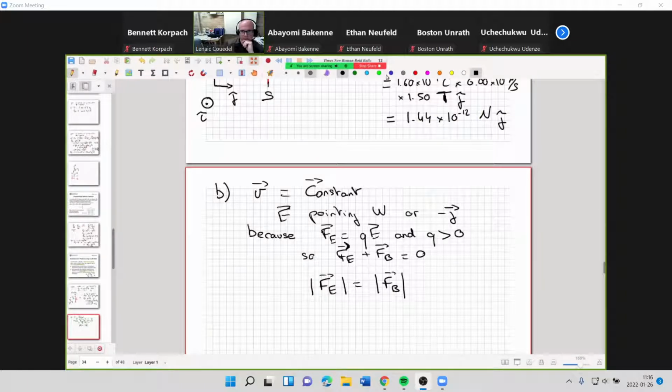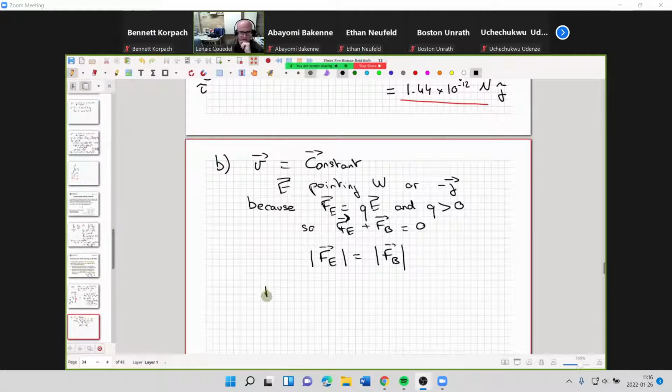It's right there. So we know that the electric force Fe is equal to QE, and this is equal to the magnitude of Fb. So the magnitude of the electric field has to be the magnitude of the magnetic force divided by Q. Q we know, this is the charge of a proton.